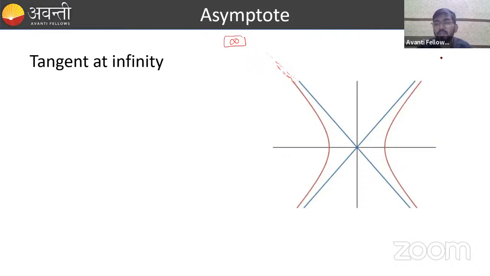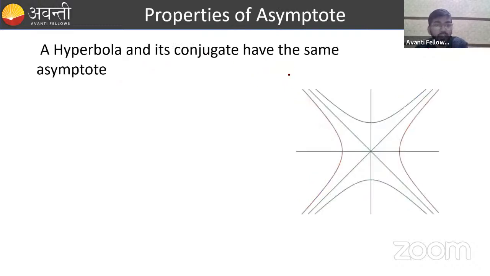So these both tangents are meeting the hyperbola at infinity. Since infinity is a concept which we are not very sure about, we just assume that they are meeting at infinity.